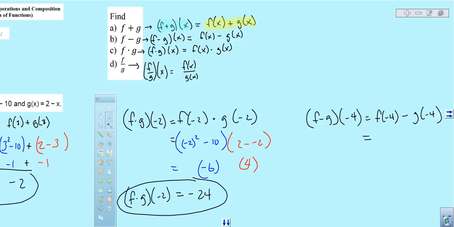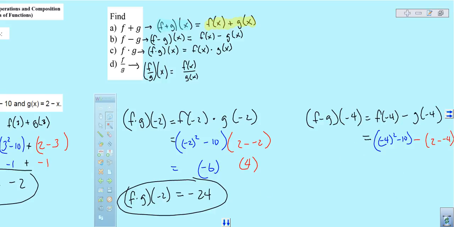We plug those in, using our colors again: negative 4 squared minus 10, minus 2 minus negative 4.